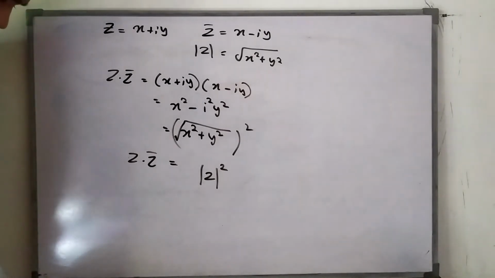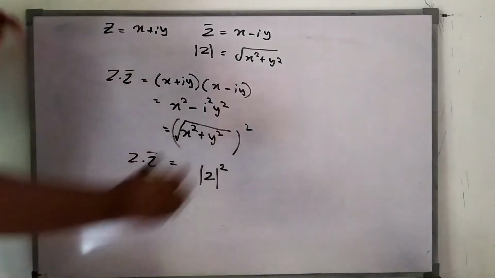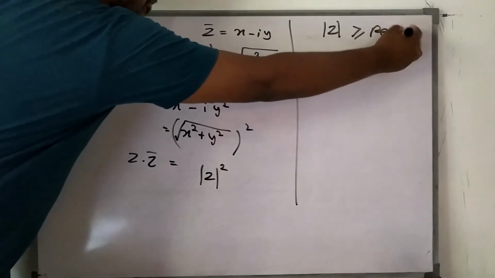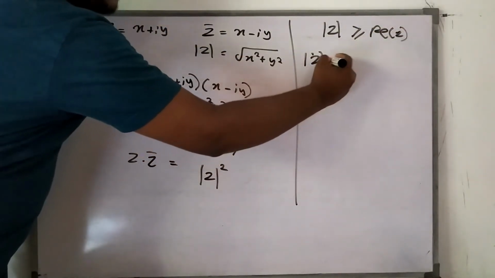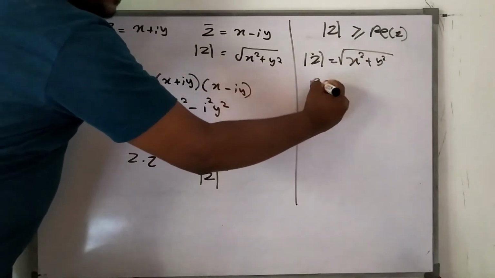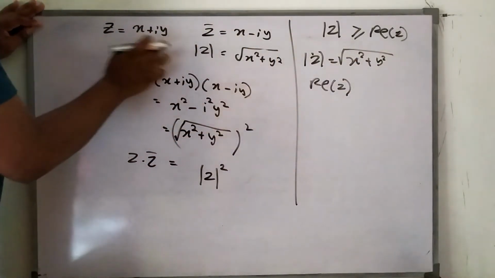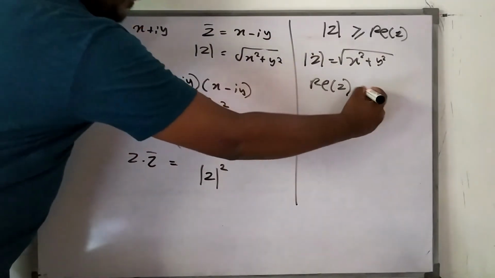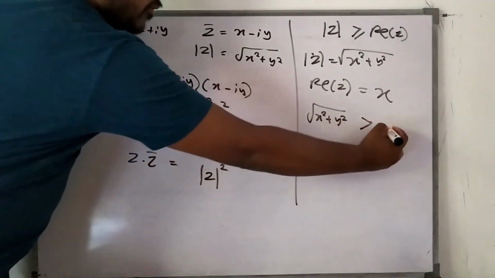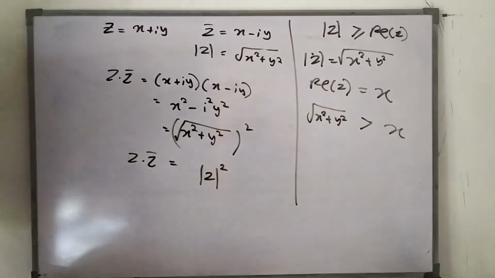And after that we just need to show that modulus z is greater than or equal to real z. How to prove that? Modulus z means the square root of x square plus y square, right? Real z is only x, and you can see the square root of x square plus y square is always greater than x, right?